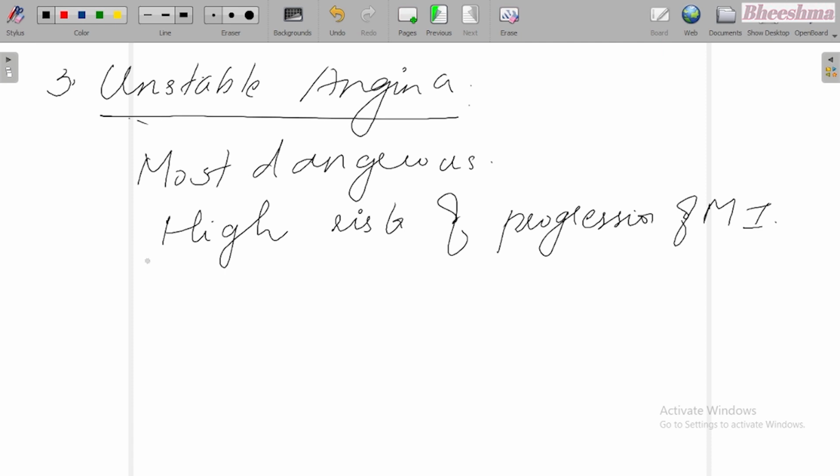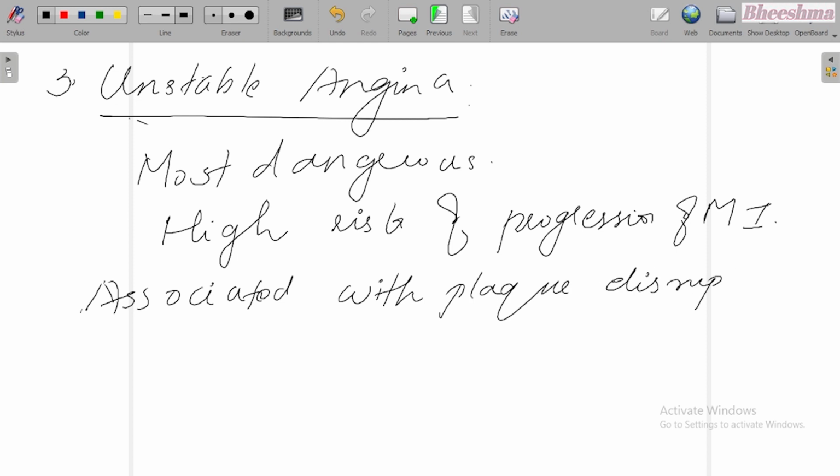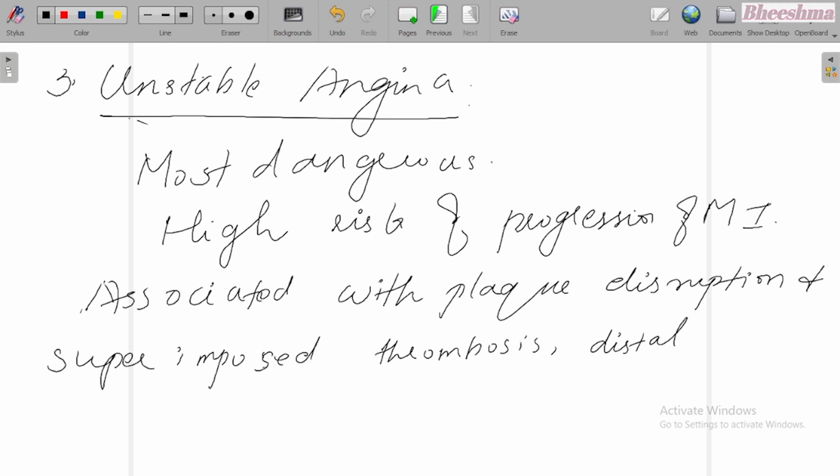It is associated with plaque disruption and superimposed thrombosis, distal embolization of the thrombus and or vasospasm. This is the definition of unstable angina.